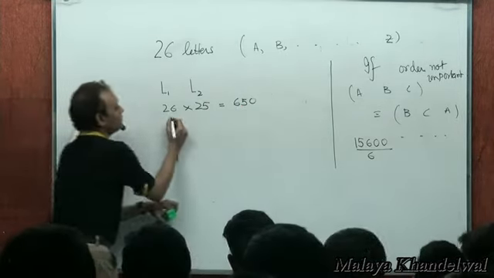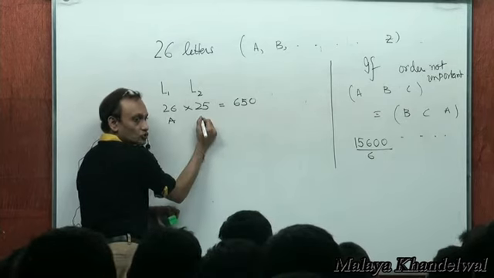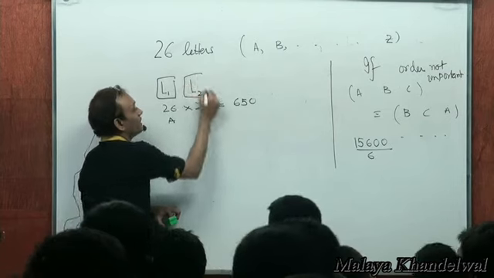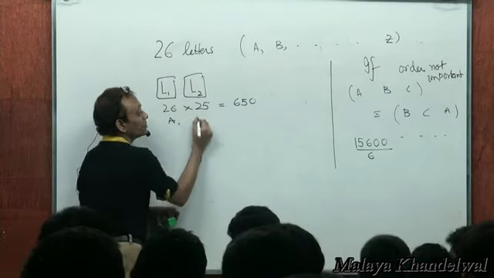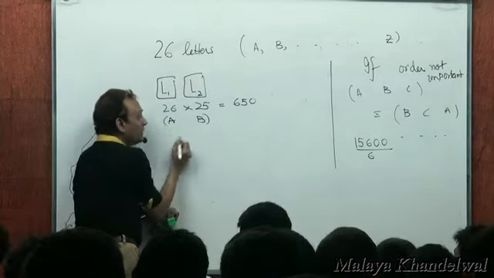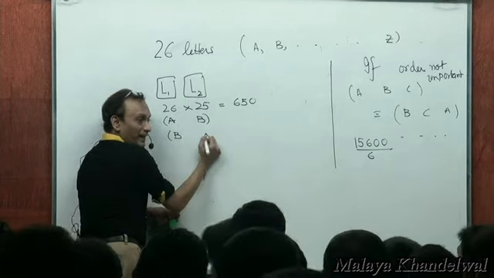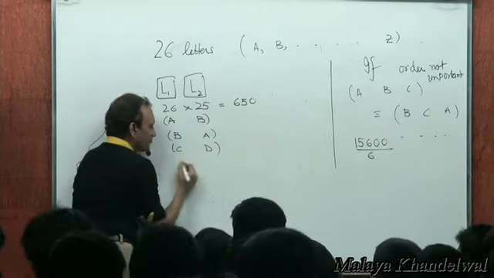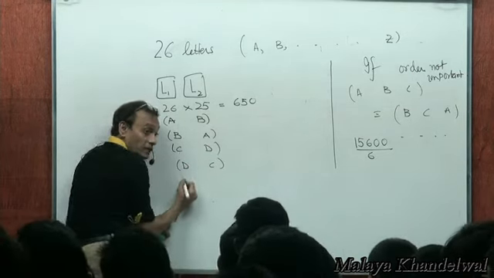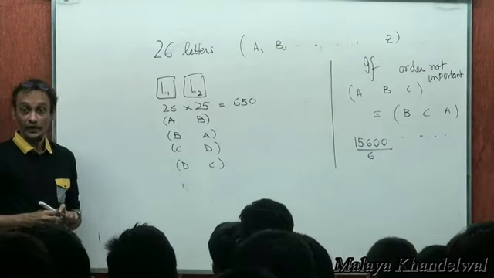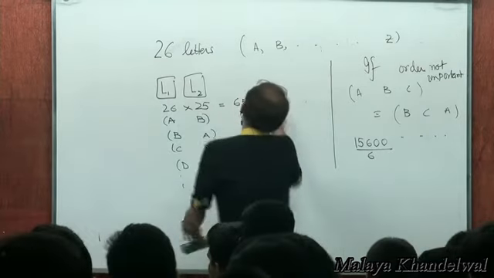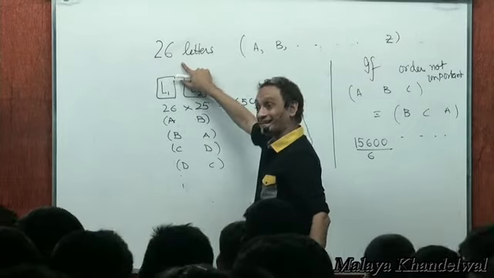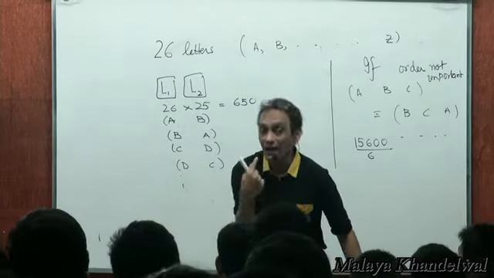That means, for example, if A and B were used to fill spaces L1, L2, then AB was different from BA. CD was different from DC, and so on. So 650 is the number of 2-letter words you could create out of 26 letters, where the order becomes pertinent.